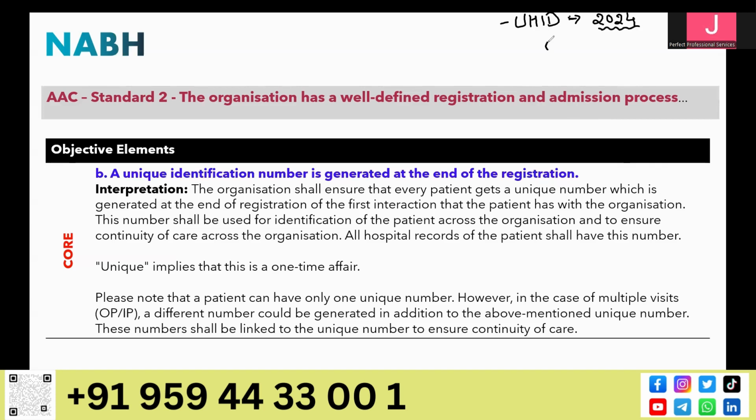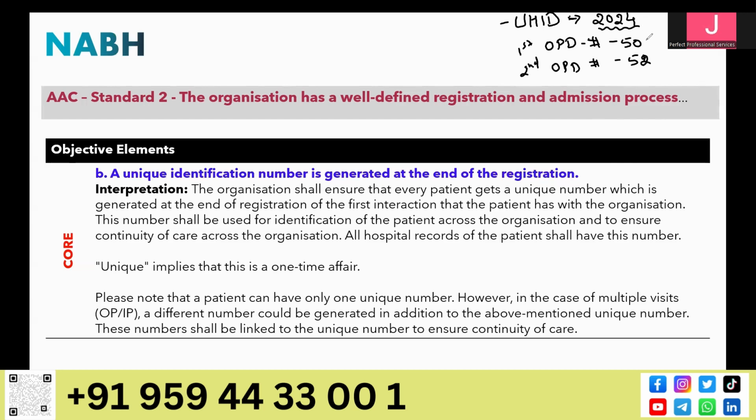Now I come for an OPD visit, so you give me an OPD number, for example 50. This is my first visit. Now I come again for a second visit to the OPD, and you give me another number, 51, or 52, whatever number.